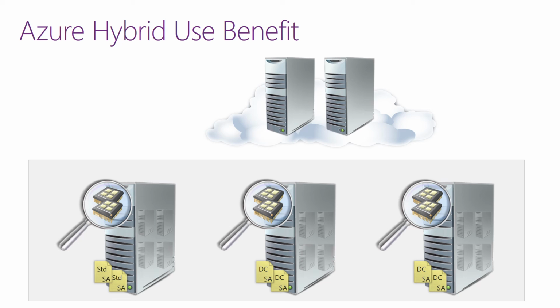Another thing that is important to note is that while the number of virtual machines available to run is the same for Windows Server Standard and Data Center, there is one difference. The rights with Windows Server Standard are alternative, meaning the licenses can be used on-premises or in Azure, while the rights with Windows Server Data Center are additive, meaning the licenses can be used on-premises and in Azure simultaneously.